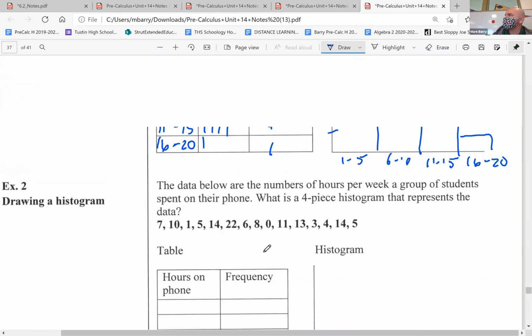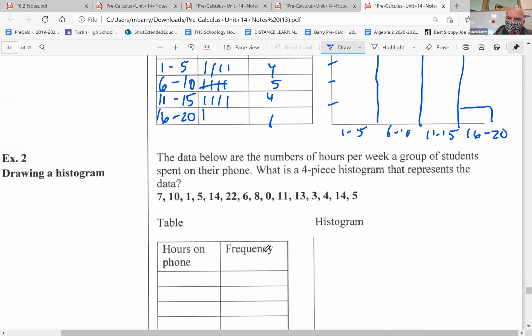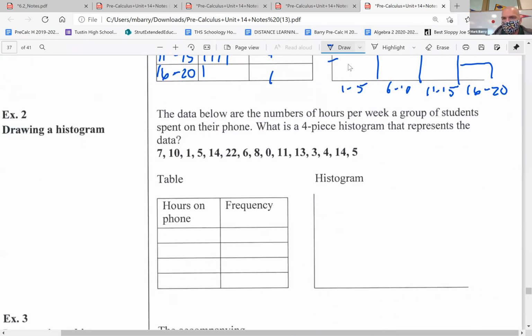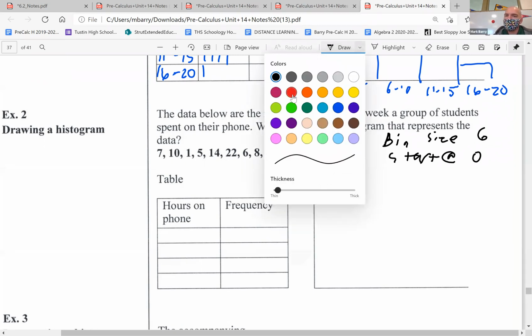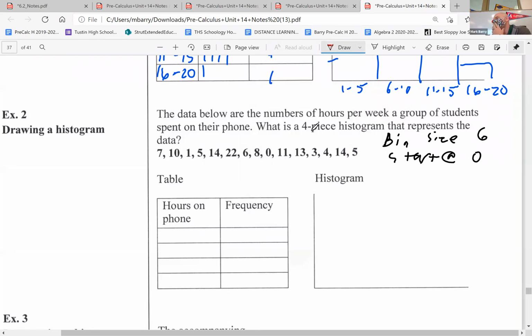All right, let's try that one more time. This one, let's pretend there were instructions that said bin size 6, start at 0. I needed to start at 0 on this one anyway, because you can see we have a data point at 0.